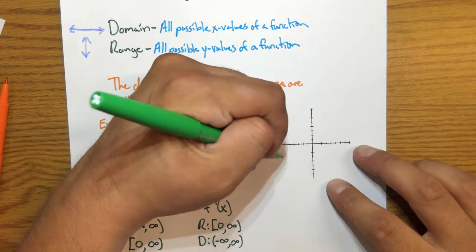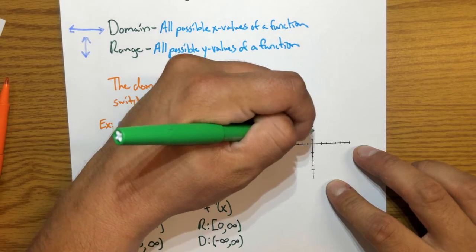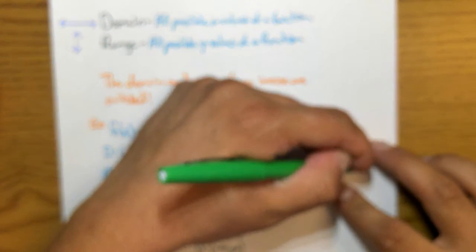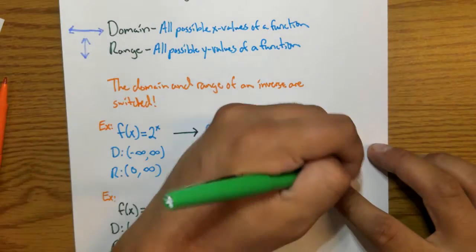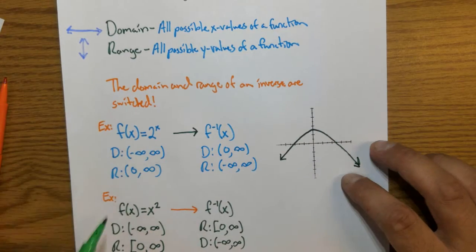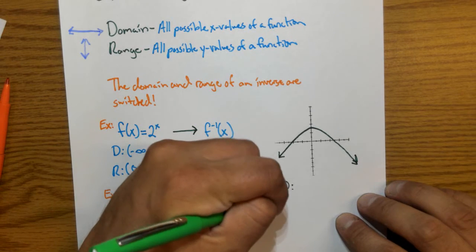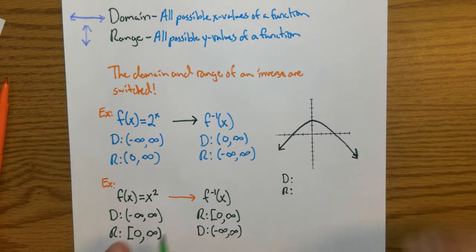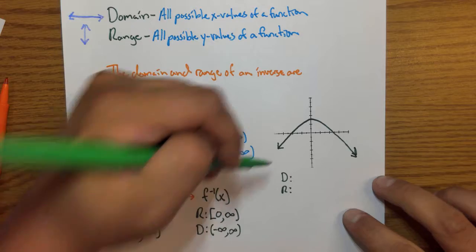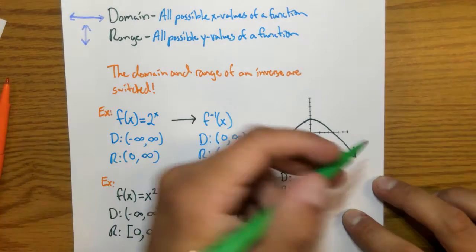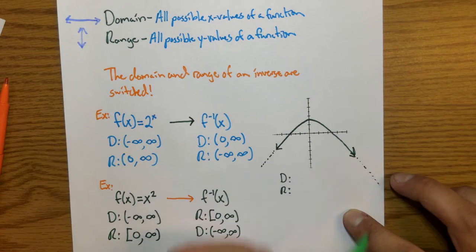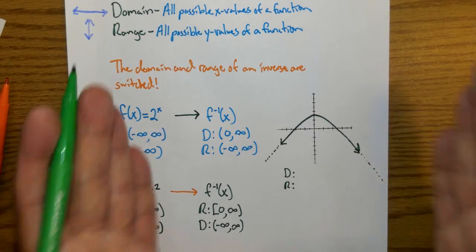Let's say that we have a function that looks like this, right? And I want to find what is the domain and what is the range of this function. Well, domain. First, remember that this goes on forever in this direction, this goes on forever in that direction. So where can I bound it?